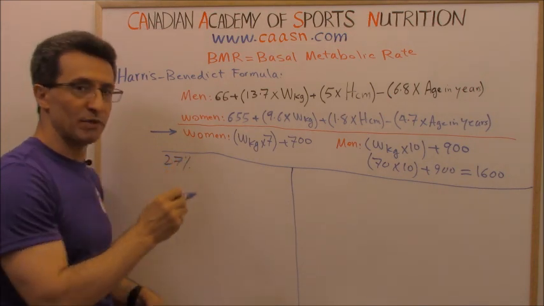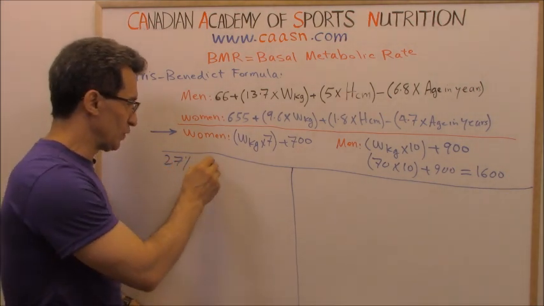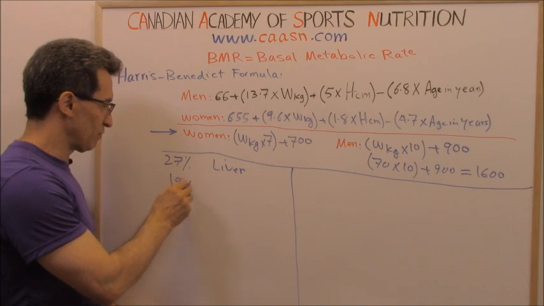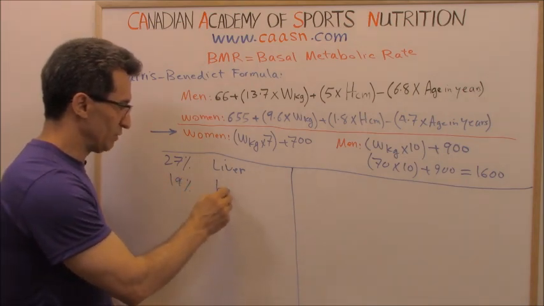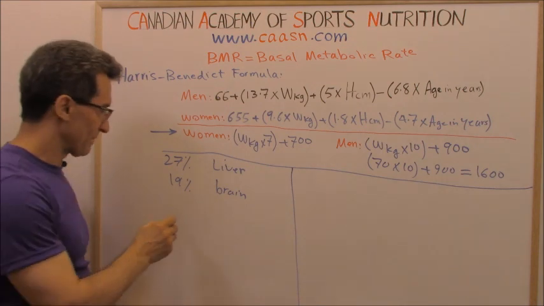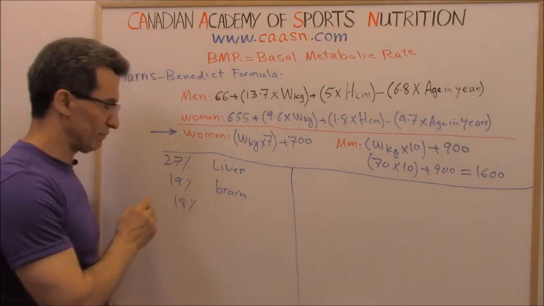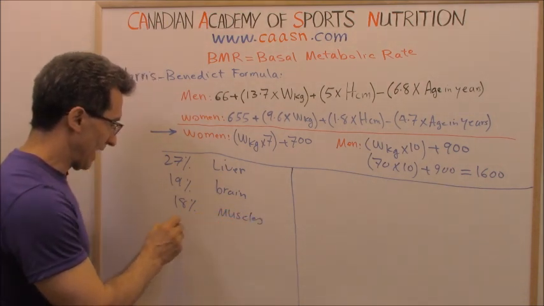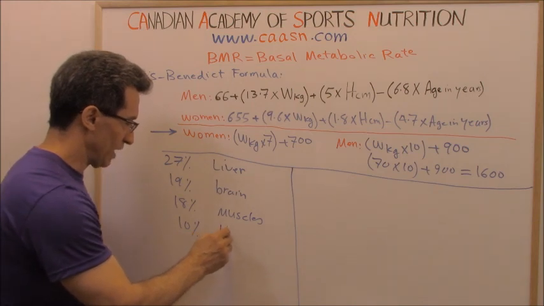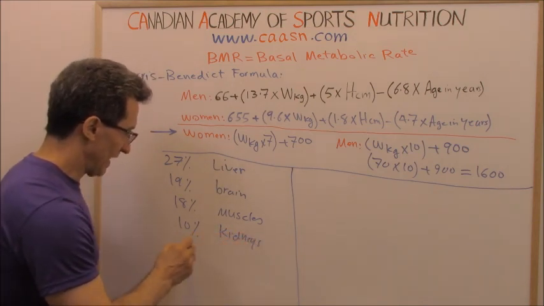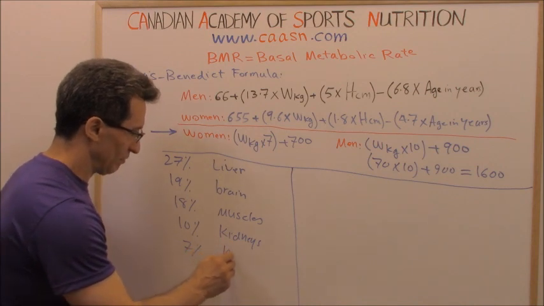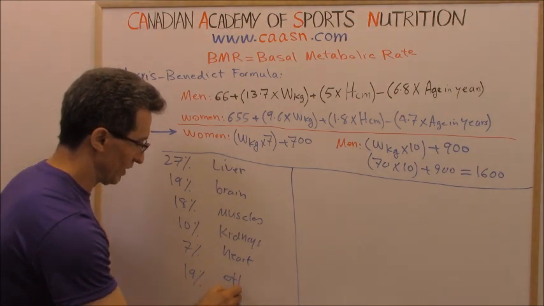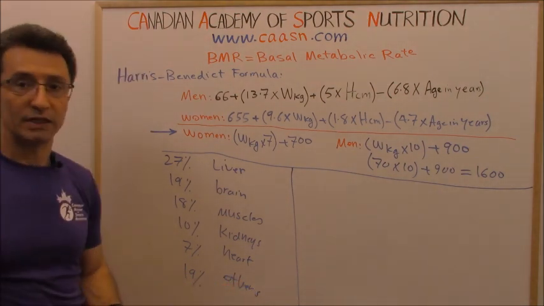27% of your basal metabolic rate will be consumed by your liver. 19% will be consumed by the brain, right? 18% will be consumed by your muscles, and 10% will be consumed by your kidneys, and 7% will be consumed by the heart, and the remaining 19% will be consumed by other organs in the body.